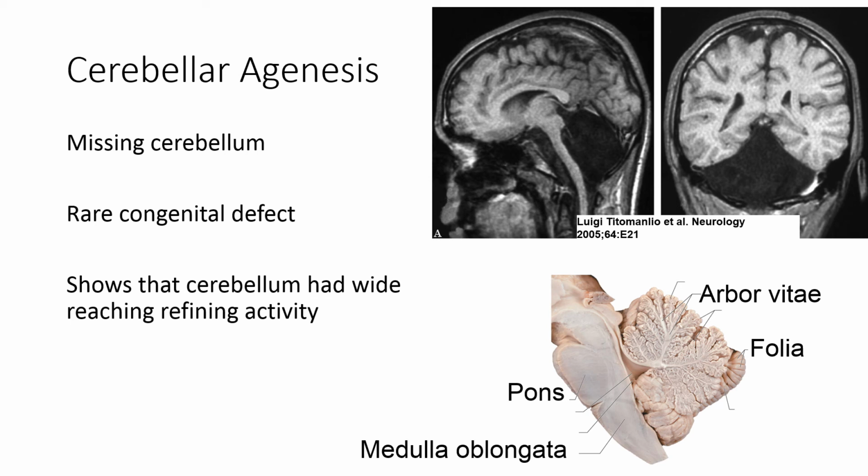Now, did you know there are people who have no cerebellum? Believe it or not, it is absolutely possible to live without this area of the brain. The disorder is called cerebellar agenesis. Studies with patients who were born with no cerebellum suggest that the cerebellum may also play a role in refining speech, cognition, so our thoughts, and personality.